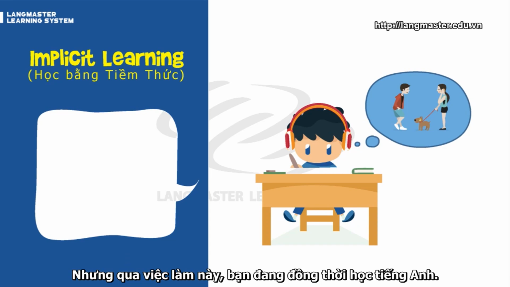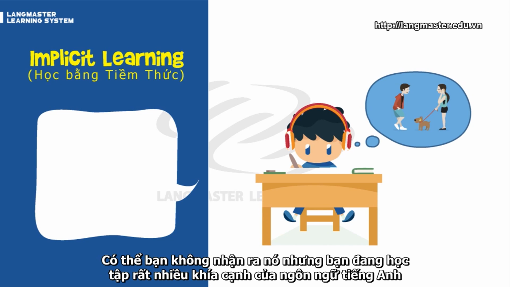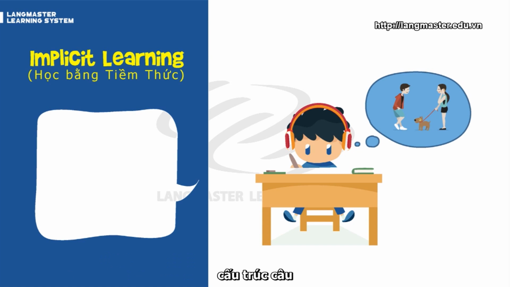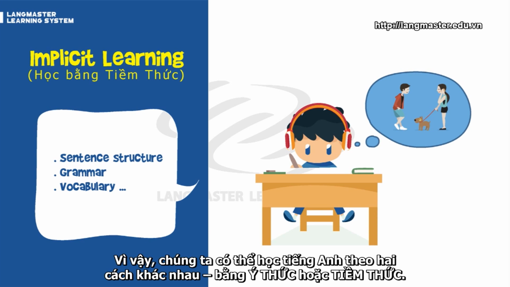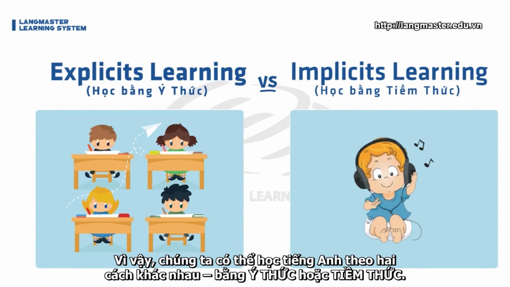But by doing this activity, you're simultaneously learning English. You may not realize it, but you're learning many aspects of the English language: the sentence structure, the grammar, the vocabulary, and so on. So we can learn English in 2 different ways, either explicitly or implicitly.